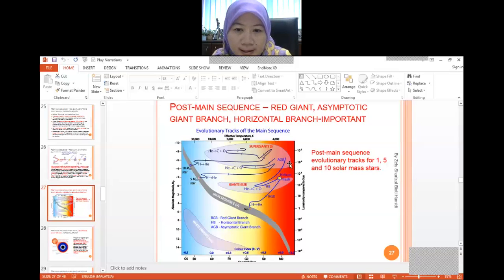So we have a few processes here, and of course it is totally based on the mass of the stars. Some of the stars will just become a giant, but some of them will move up to the supergiants. If the star becomes a supergiant, the helium will still move and form the carbon and also the oxygen, but the size will be increasing.